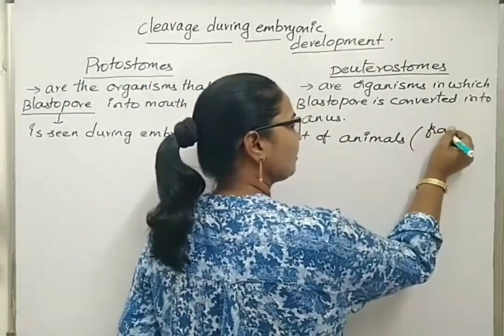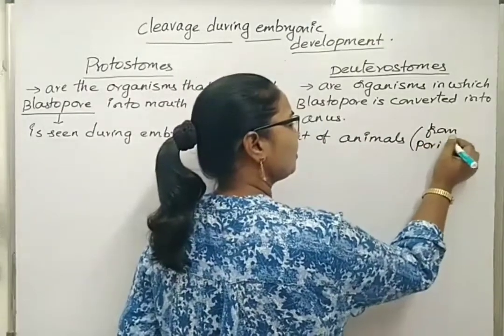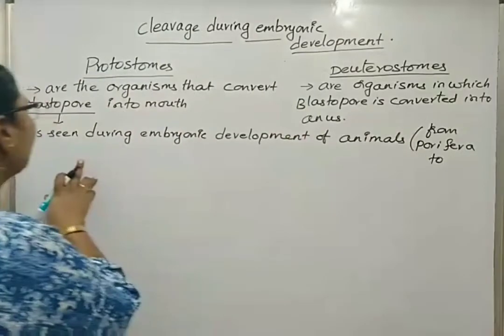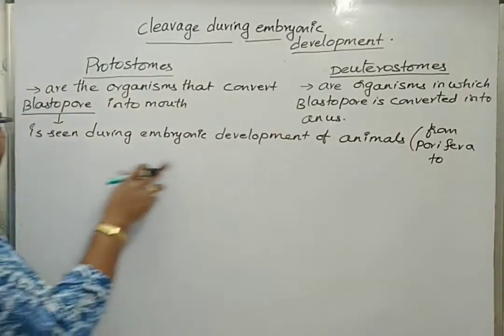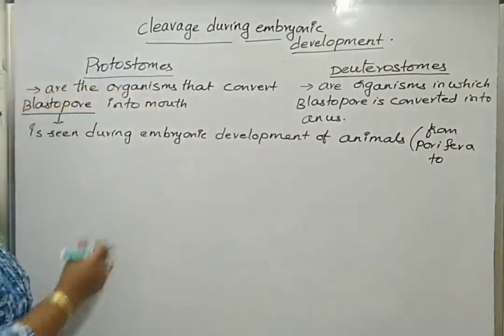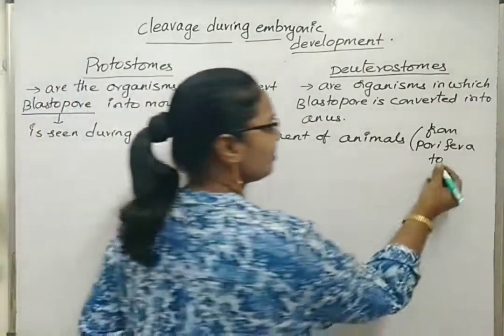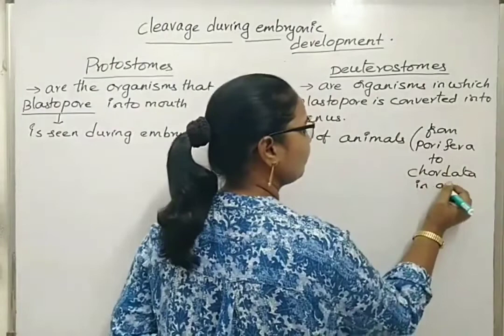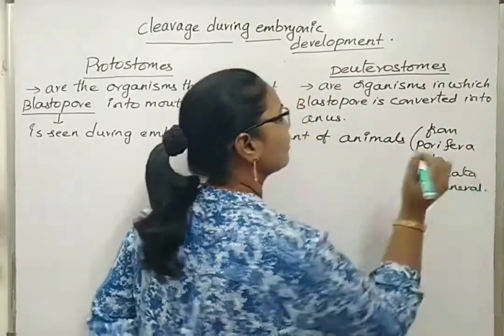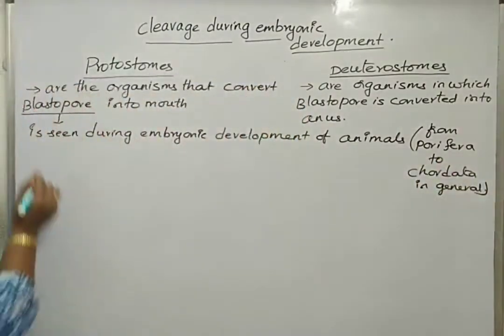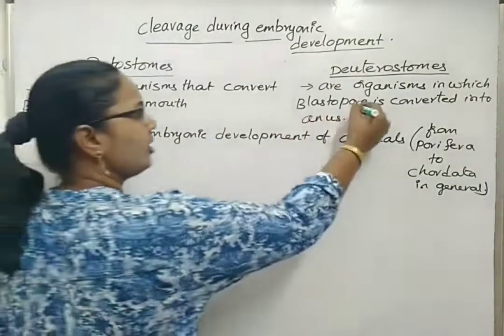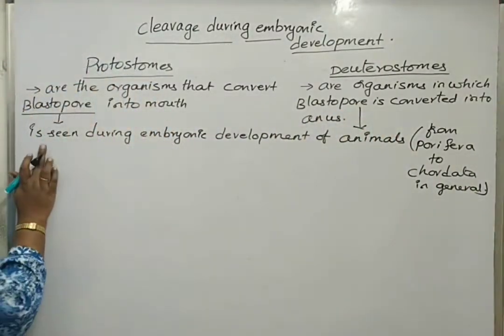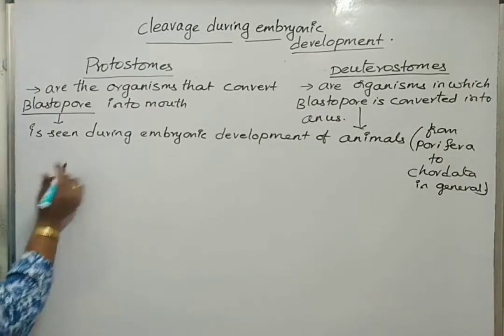That is from porifera to, in case of protostomes, it is up to echinodermata. In case of deuterostomes, again it is up to chordata in general. So, blastopore is seen during embryonic development.